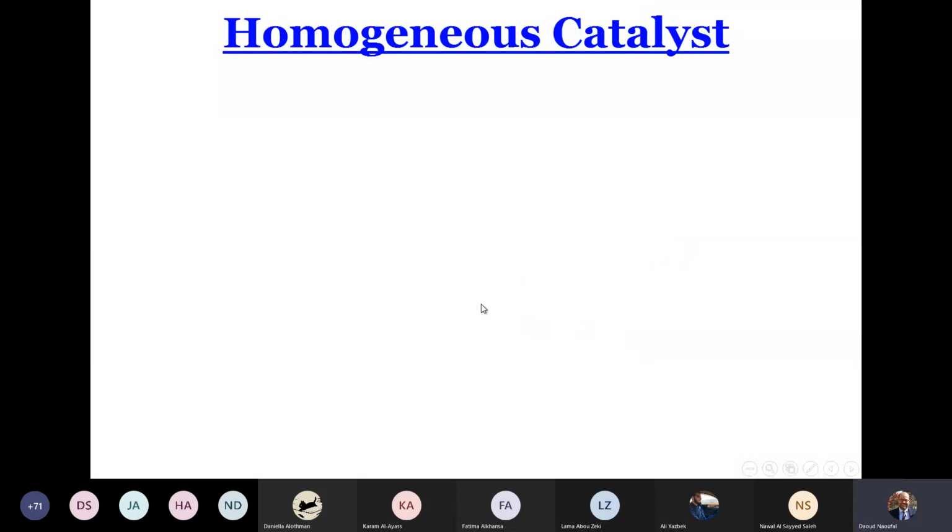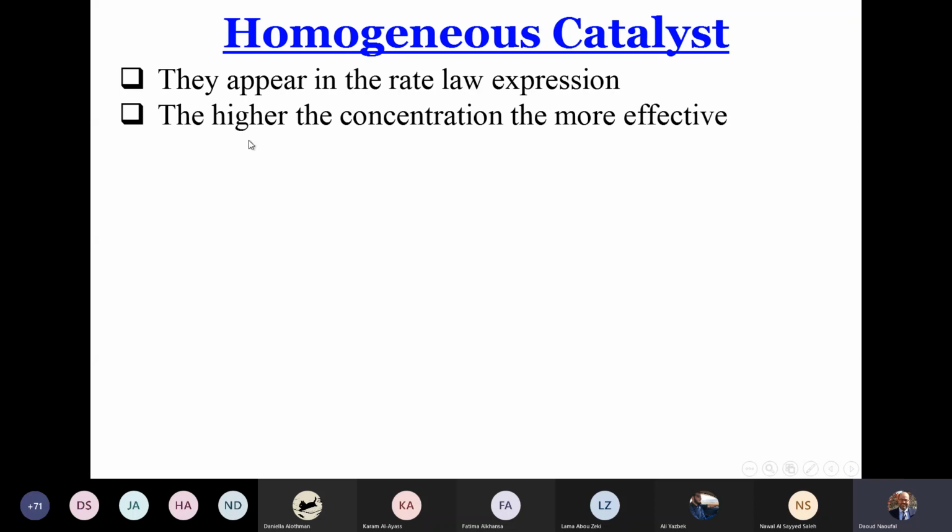The homogeneous catalyst is a substance added that forms one layer with the reaction system. If the heterogeneous does not appear in the rate law expression, the homogeneous does appear in this expression. When we use a higher concentration of the homogeneous catalyst in general, we increase the catalytic activity.